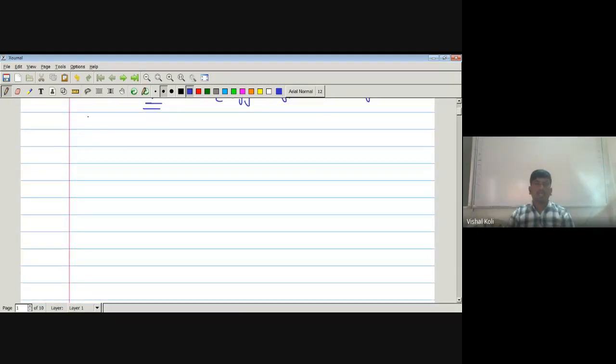Let us see by taking an example. Suppose A is a matrix of order 2 by 3, having entries 1, 2, 3, minus 1, 4, 0. Now we have to find its transpose.